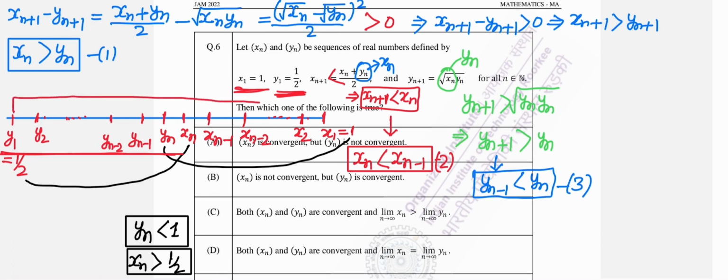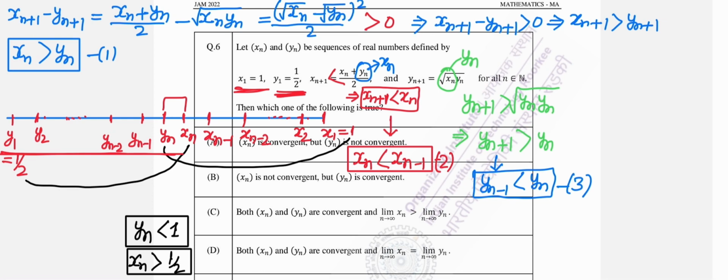Now observe the distance between x1 and y1, this is a large distance. If you compare that distance with y2 and x2, then this is smaller. In the same way, the distance between x and y becomes much smaller.